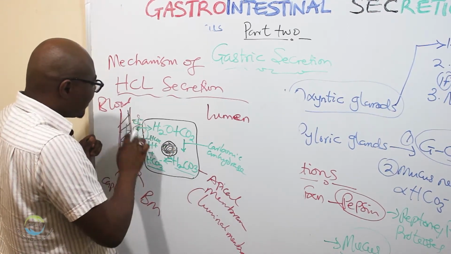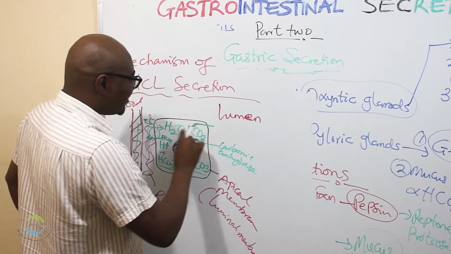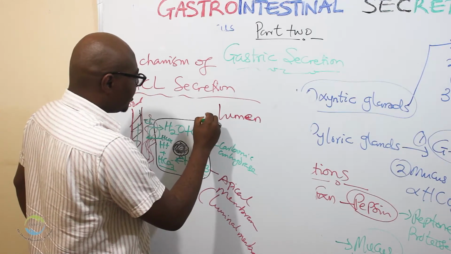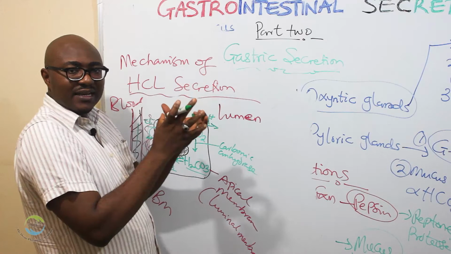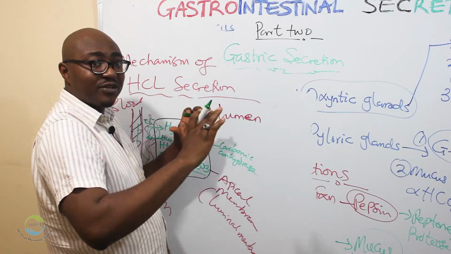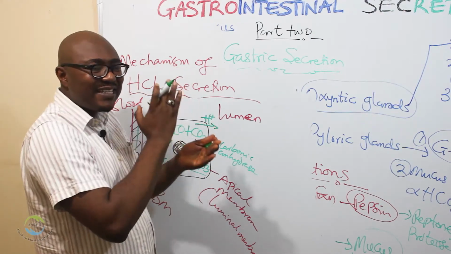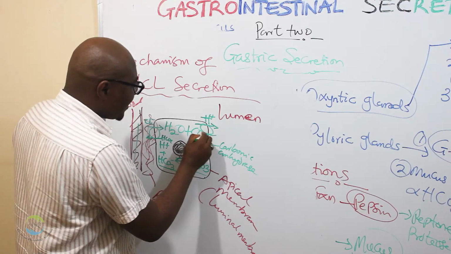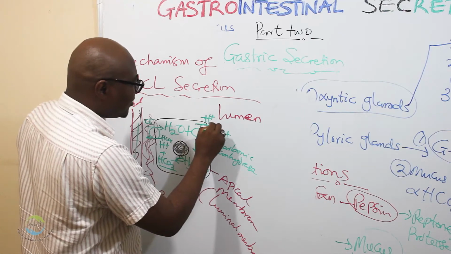So this H that is produced will now be secreted into the lumen. H is secreted into the lumen with a carrier that uses active transport. It is called hydrogen potassium ATPase. So look at it here. It will take potassium inside, it will take hydrogen outside.